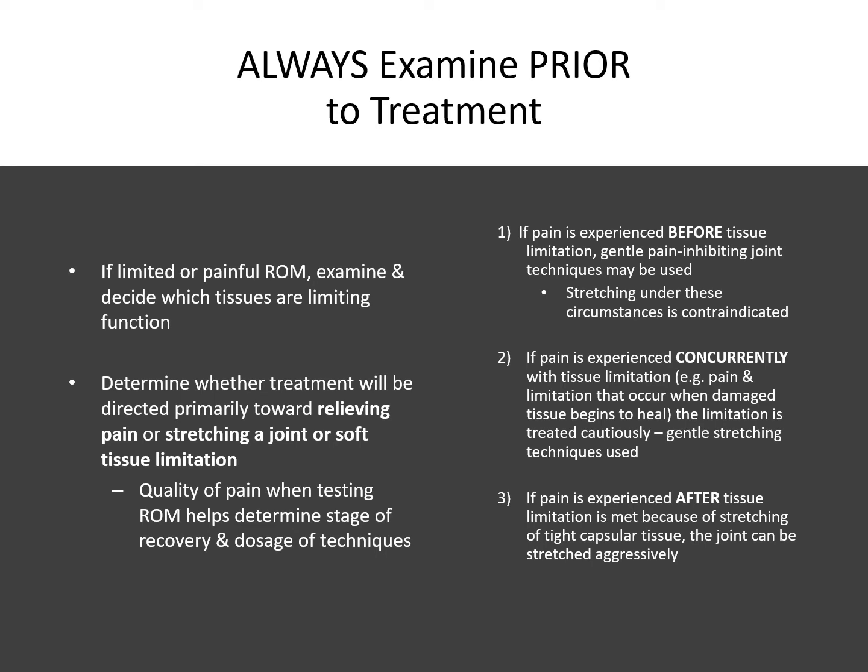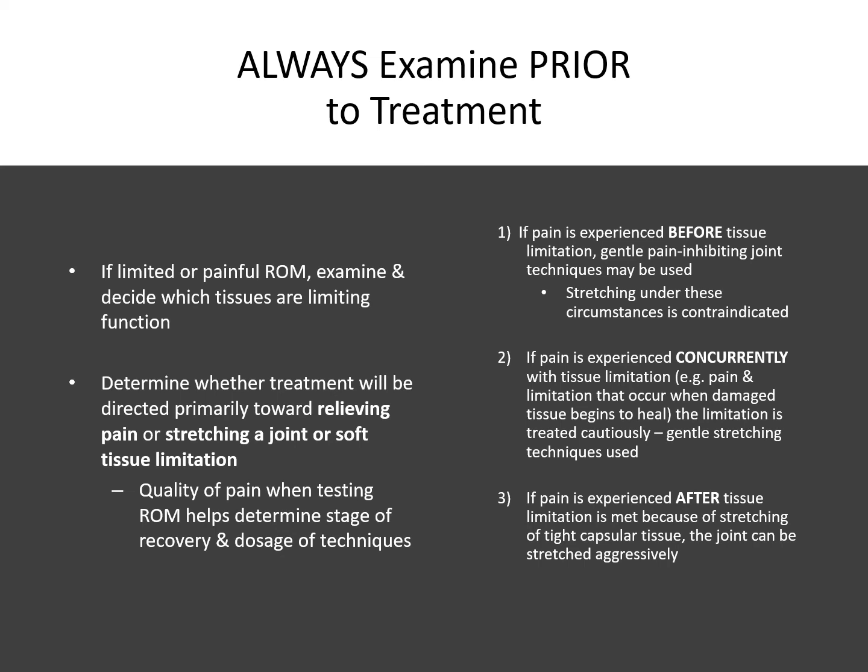If pain is experienced before tissue limitation, gentle pain inhibiting joint techniques may be used. If pain is experienced concurrently with tissue limitation, for example, pain and limitation that occur when damaged tissue begins to heal, the limitation is treated cautiously and gentle stretching techniques can be used.